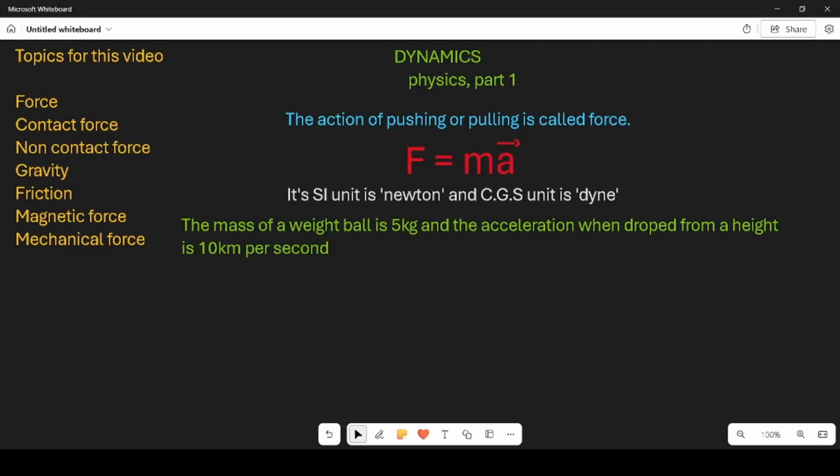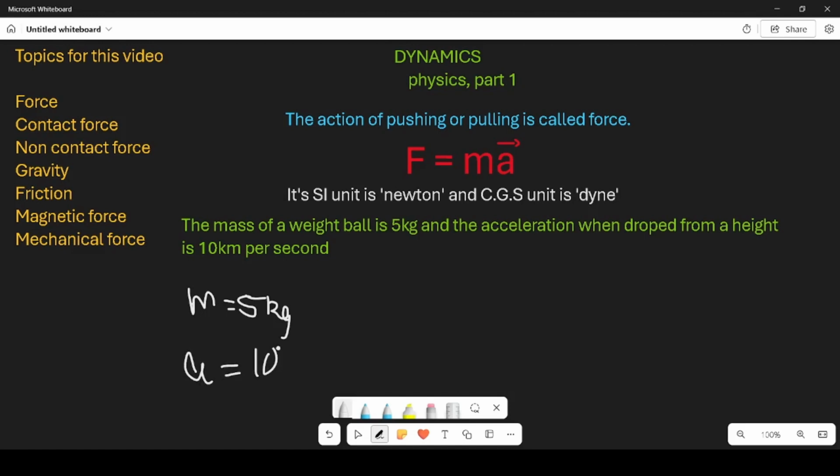Let's do a problem. The mass of a weight ball is 5 kg and the acceleration when dropped from a height is 10 meters per second square. We know that the mass of the weight ball is 5 kg and the acceleration is 10 meters per second square.